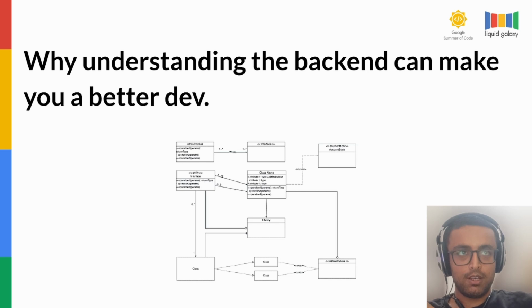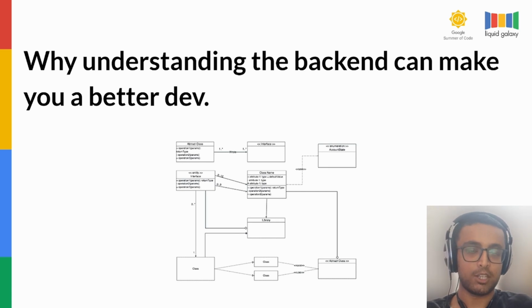So I need to know what is happening at the backend because it is the same app that I'm working on. I need to know what the app is about, what the app wants to achieve, what the app wants to show the user, how the user wants to use the app, what the user is trying to get from the app, and all these factors.